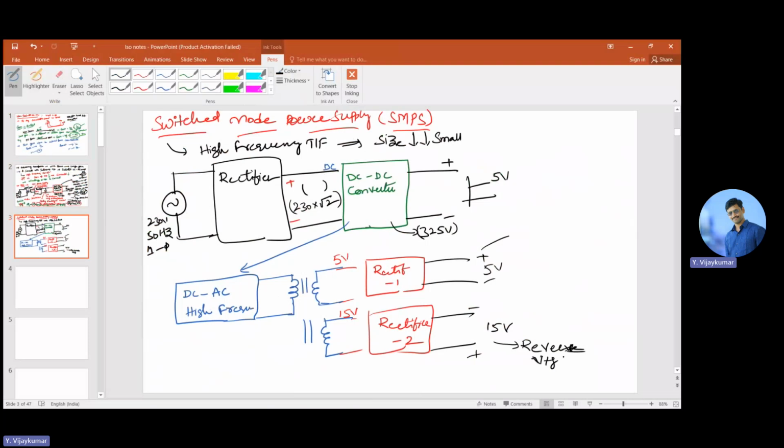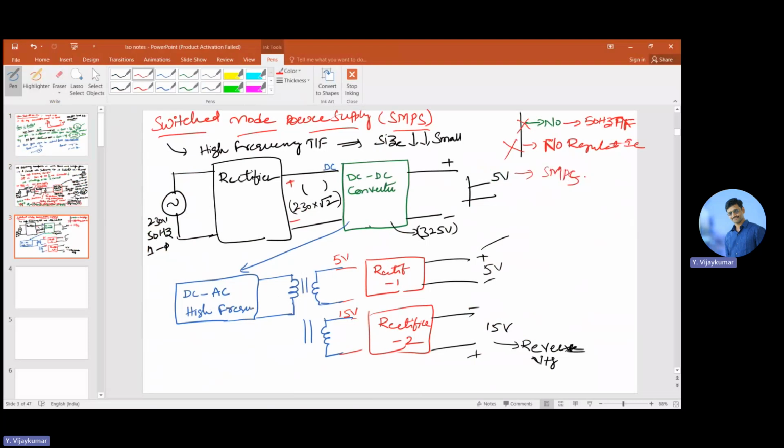Okay. Now if you observe, the observation you must have is, what is the frequency here? We are not talking about after the conversion. There is no concept of a 50 hertz transformer. Okay. A 50 hertz transformer is not there here, and there is no regulated IC. So because of this, there will be no 50 hertz transformer and no regulated IC, so that overall the SMPS size will be miniaturized.